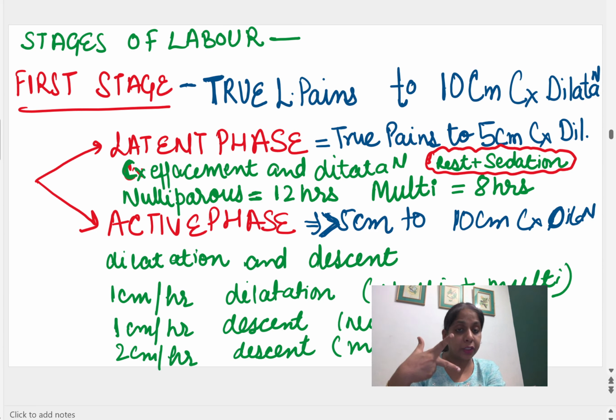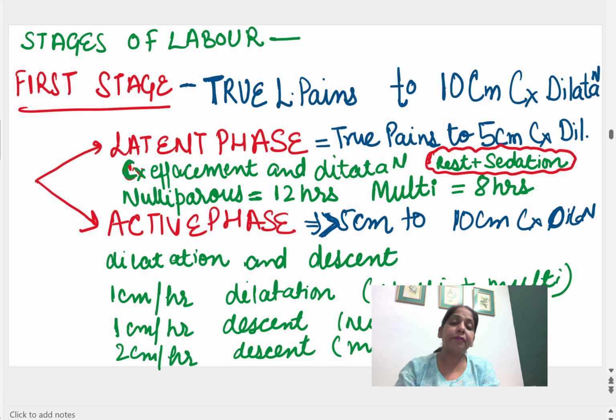The first stage is divided into two phases. From true labor pain up till 5 centimeter is the latent phase. In the latent phase the cervix effaces and dilates. In nulliparous its duration is 12 hours and in multiparous its duration is 8 hours. It decreases.